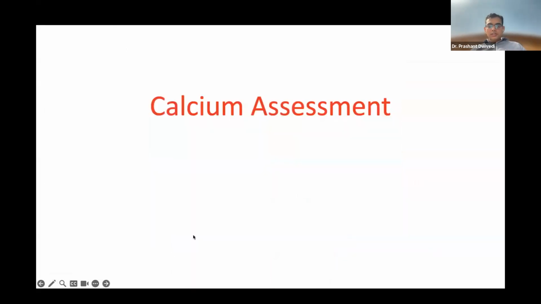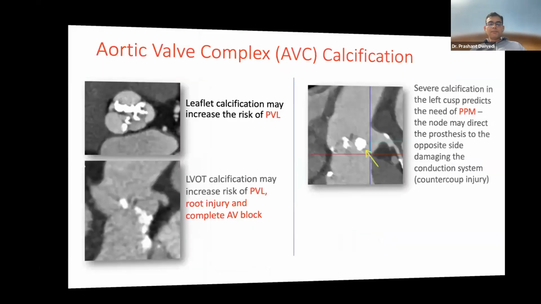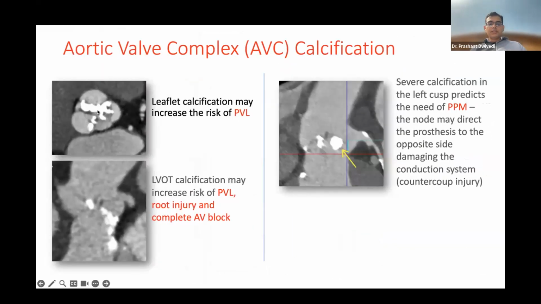Then certain points about the calcium assessment: we need to understand whether the calcium distribution is symmetrical or asymmetrical. Is any calcium extending into the LVOT? What is the calcium distribution across the ascending aorta? Calcification near the coronaries, calcification of the aorta, whether it's a porcelain aorta. We also need to understand if there is leaflet calcification, because if the leaflet calcification is too much, there might be a risk of PVL.